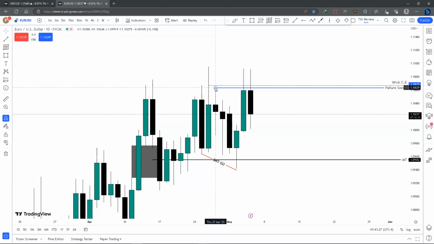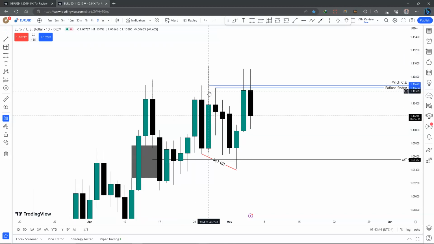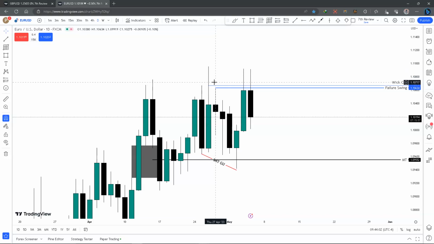a swing that was formed on Thursday, and then we had this right here, which is what, a week, right? And I would measure out the consequent encroachment for those who won't be looking at GBP, the consequent encroachment of this week, and eventually the upper quadrant of this week, which is 50% from the consequent encroachment all the way to the high, and then the upper level, that's your quadrant, and then those would have been my targets.